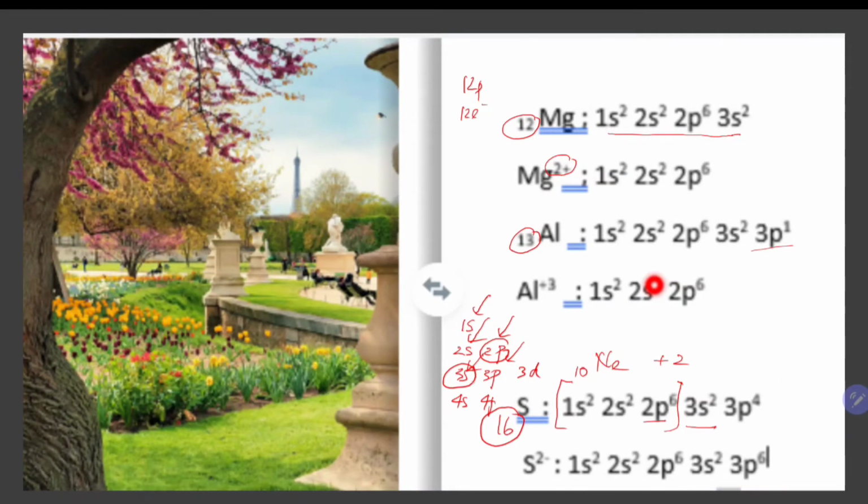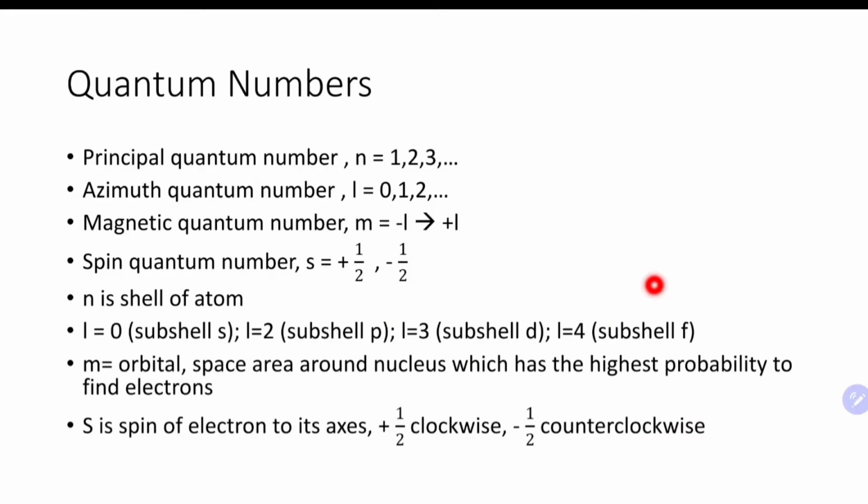After 3s, continue with 3p4. When the sulfur becomes a negatively charged ion, S2-, the sulfur atom receives 2 electrons here to be 3p6.